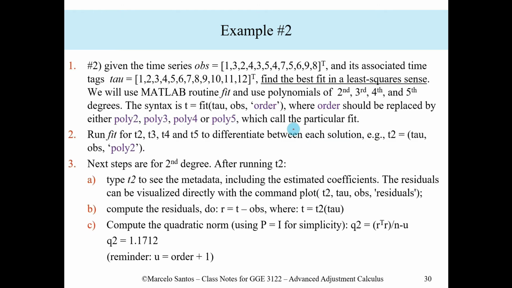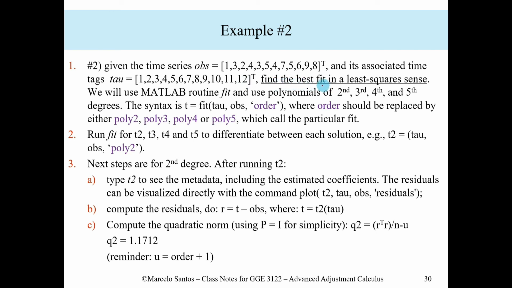Second example. This is a little more involved because you are given the actual data sets, and I'm showing here how I did it with MATLAB. Given the time series observations and its associated time tags tau, imagine this is a time series.